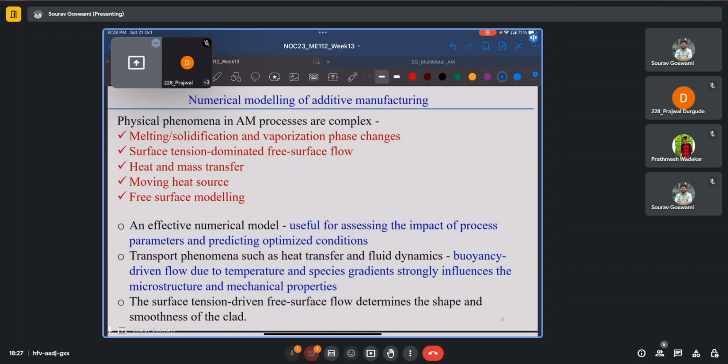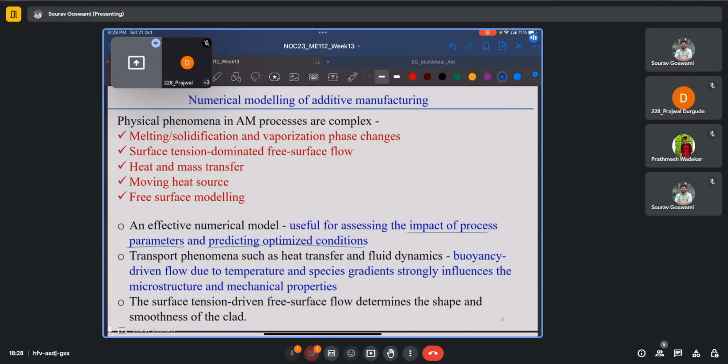And the goal of using an effective numerical model is to assess the impact of process parameters and predict the optimized conditions without doing a large number of trials. As we are already aware, in the current technological landscape the additive machines have a significant capital cost for their establishment, and the running costs can be very high, and even the feedstock is costly, as well as other consumables such as the nozzles which are used for deposition, which also have very short lives.